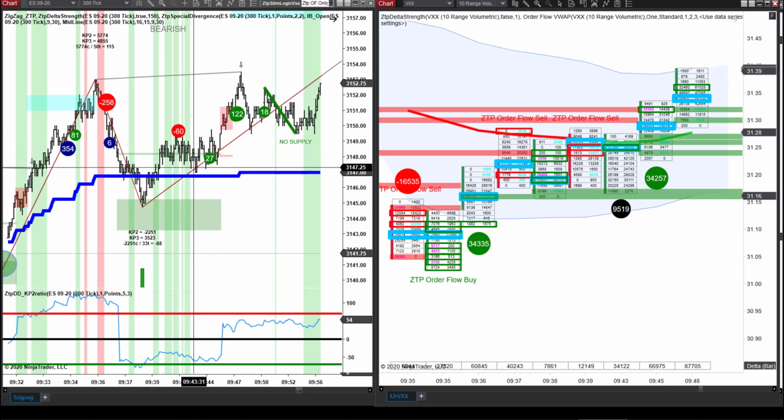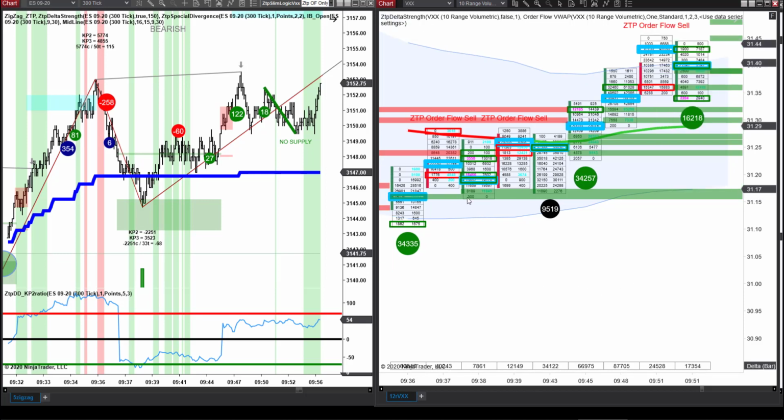But what I was concerned about was the large buyer back here along with the VIX 9D, and I was then concerned about the basic consolidation that was going on here, and that consolidation worry proved correct, because then the VXX traded significantly higher.